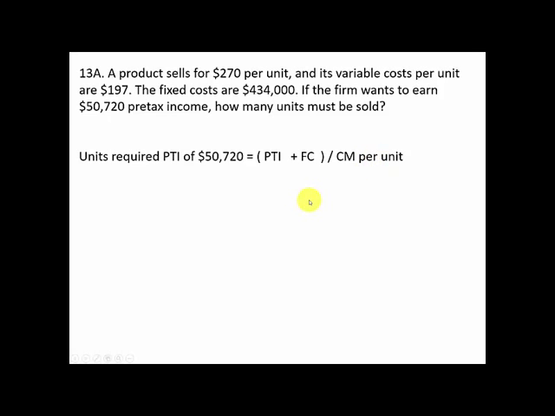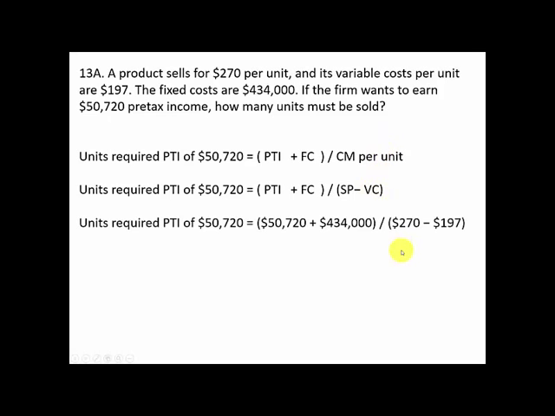So let's plug in those things that we know. If we're trying to get a pre-tax income of $50,720, then we take pre-tax income plus fixed cost, add those together, and divide by selling price minus variable cost, which is contribution margin per unit.